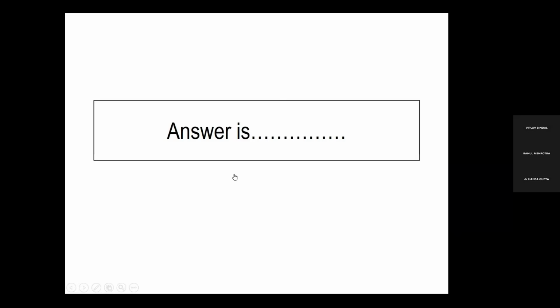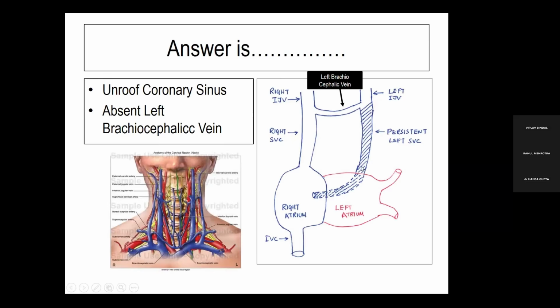It means what? As soon as I gave a contrast in this patient, before coming to the right atrium and right ventricle, this contrast, because of the unroofed coronary sinus, was resulting in bubbles in the left atrium, and from the left atrium to the left ventricle naturally. And then they came to the right atrium and right ventricle. So the diagnosis was unroofed coronary sinus, absent left brachiocephalic vein, and dilated coronary sinus.